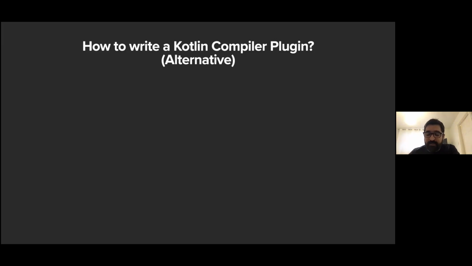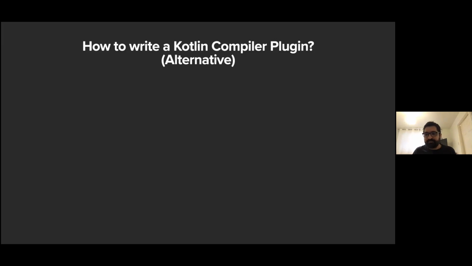So there is, and it's actually quite funny, but anyway, let me show you. The alternative way is using a third-party library that serves as an intermediate between your code and the Kotlin compiler plugin API.